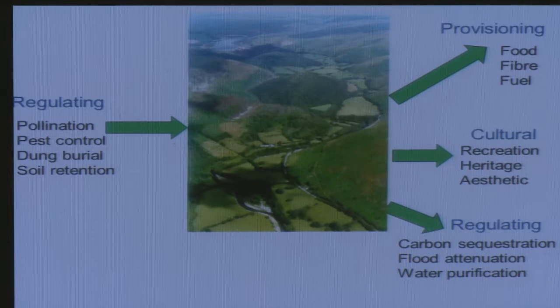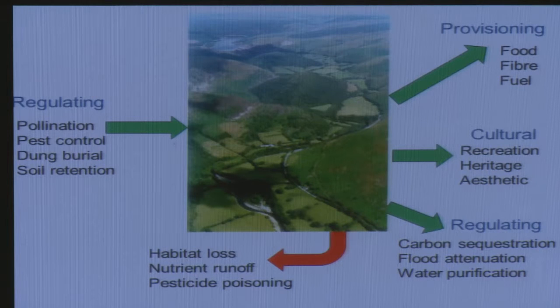We know that when we undertake agricultural practices, we can have environmental impact in the form of habitat loss, contamination by nutrients or pesticides. And these can have adverse effects on the very services that underpin agricultural production, and they're often called ecosystem disservices. So the challenge here is balancing these costs and benefits.